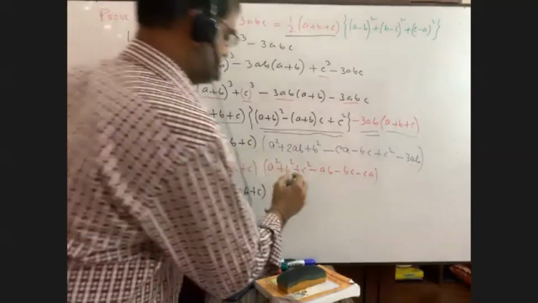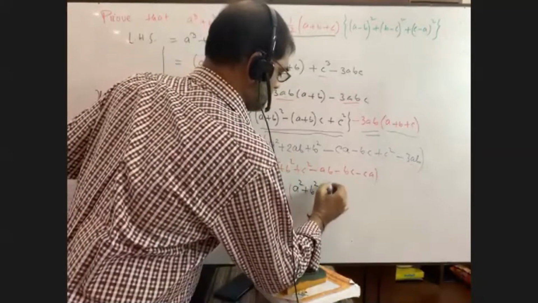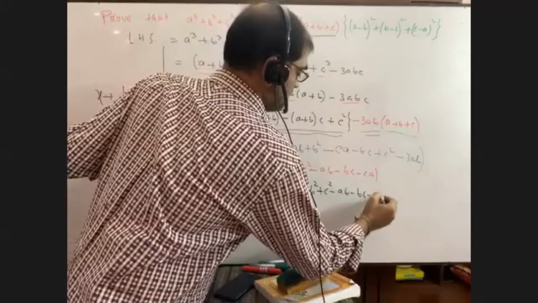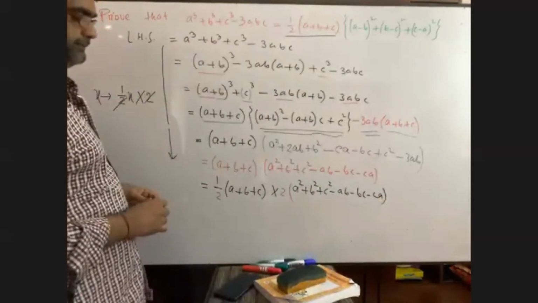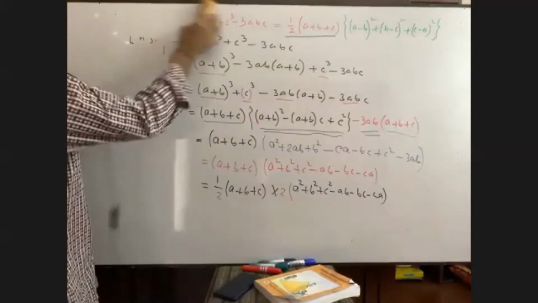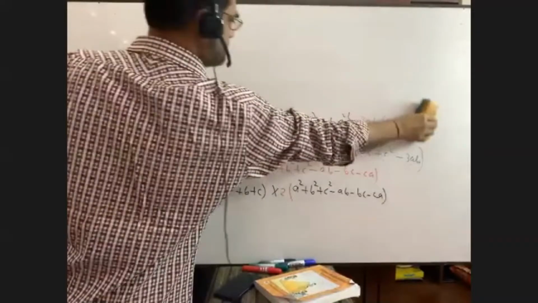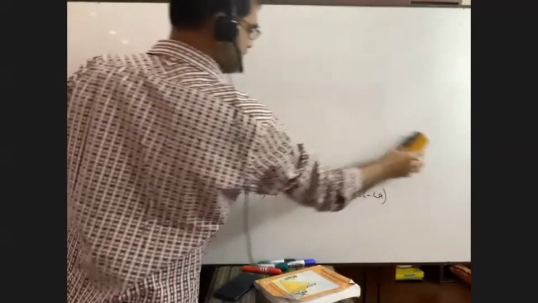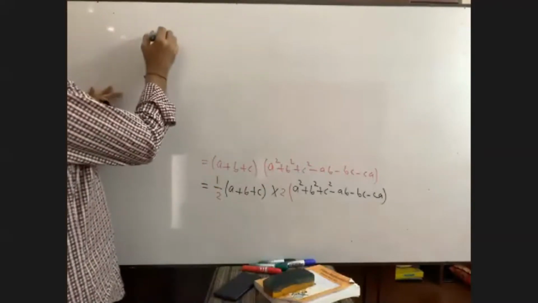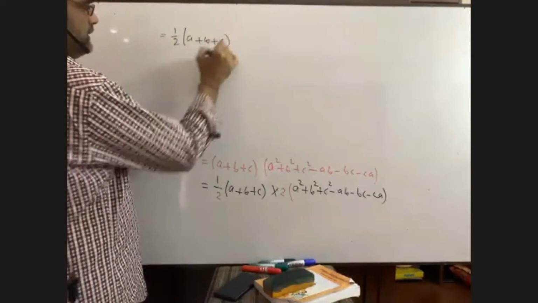Now we are left with a square plus b square plus c square minus ab bc ca. After that, you see, we can write here half of a plus b plus c.